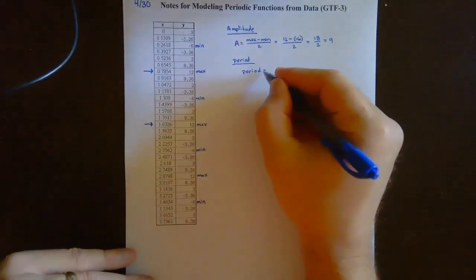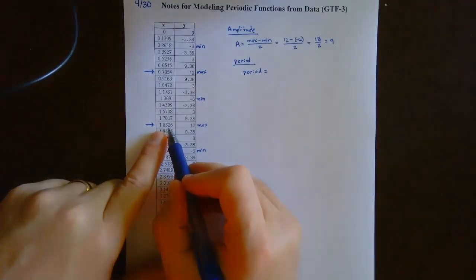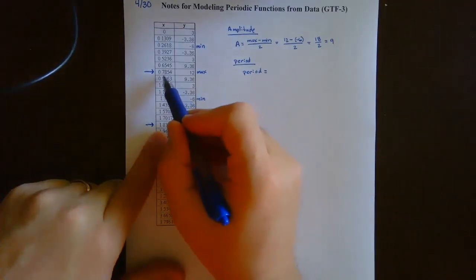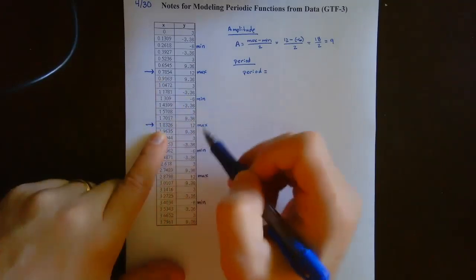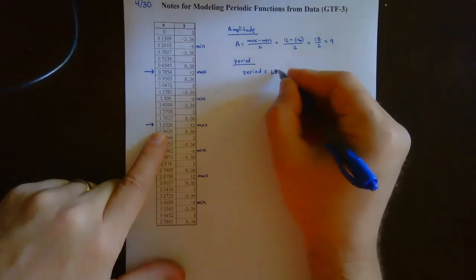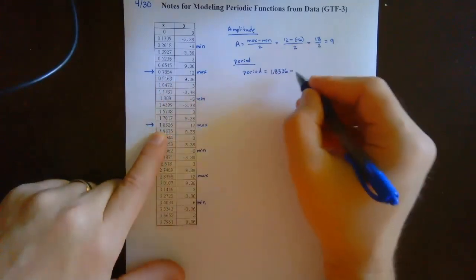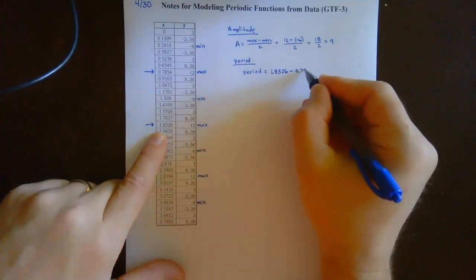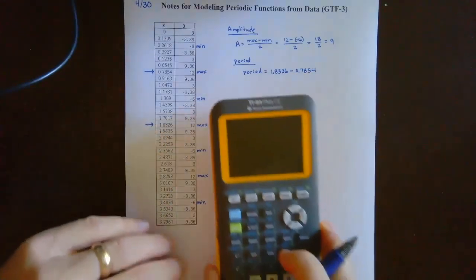All right, so this max happened at 1.8326. This one happened at 0.7854. If I find the difference between these two, that will give me the period. So 1.8326 minus 0.7854. I'm going to grab a calculator and put that in.